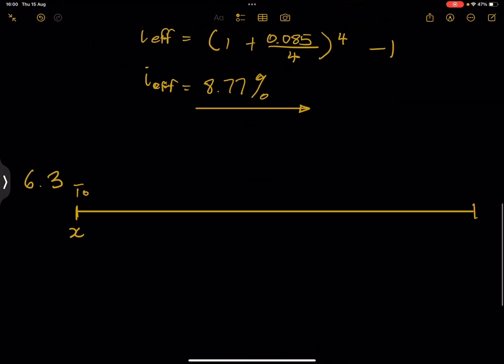So we know 3 years later, in this case, I don't know whether we will calculate this monthly, but we'll see. We know that this is year 3. We make another deposit of 15,000.